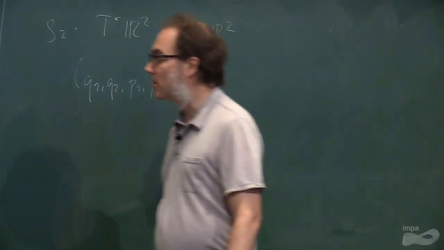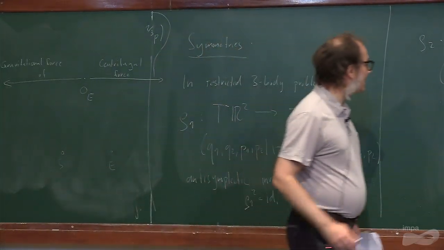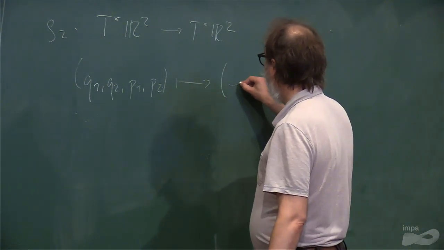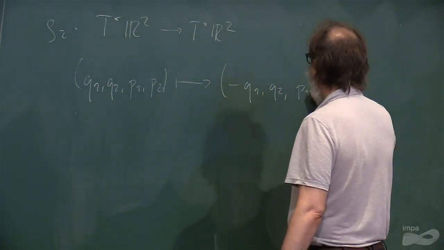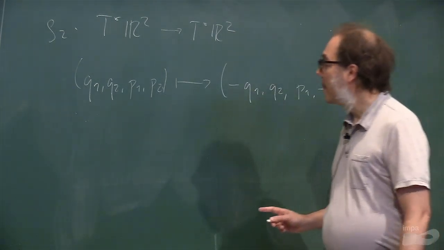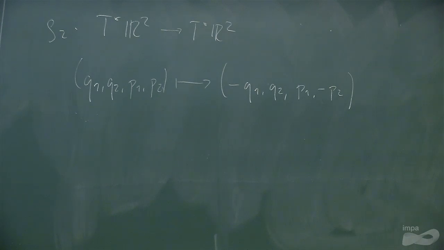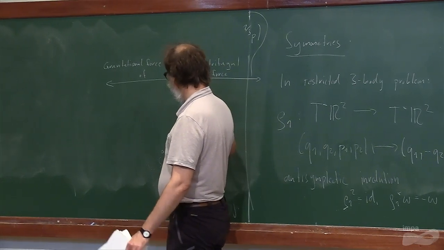This is not true for the restricted three-body problem, but we have this invariance in Hill's lunar problem. Namely, we have here minus q1, q2, p1, minus p2. Which is kind of an amazing thing, because we don't have this in the restricted three-body problem.